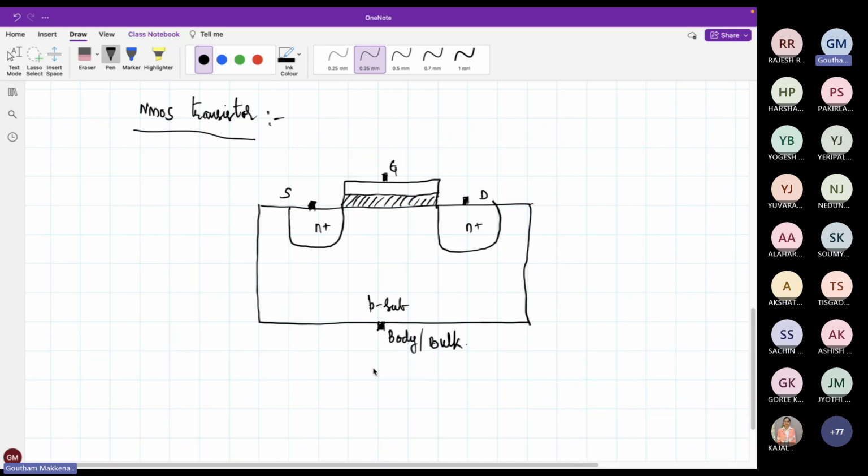But hang on and follow for the intuition that I typically apply when I try to understand a MOSFET. Now, previously, I applied a positive voltage between gate and bulk. Yes or no? So now I'll apply two voltages. What are those two voltages?